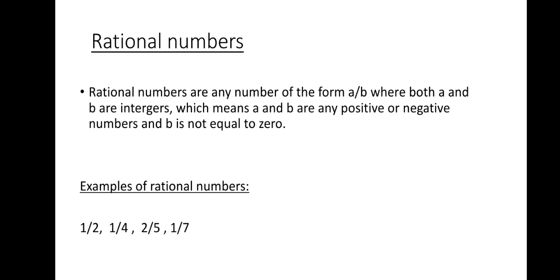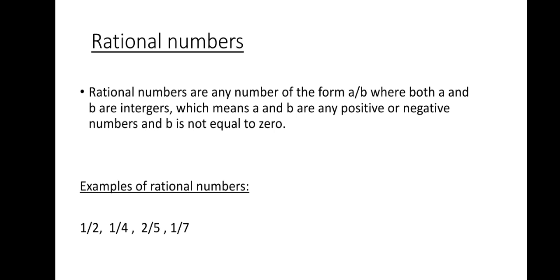Simply, rational numbers are fractions with a numerator and denominator that are integers. But the denominator of a fraction cannot be equal to 0, because if the denominator is equal to 0, then the fraction will be undefined.